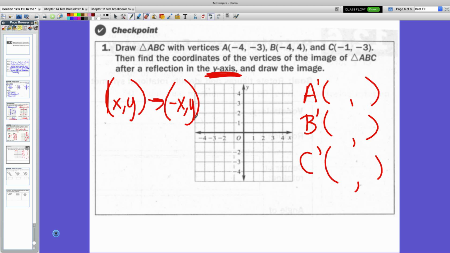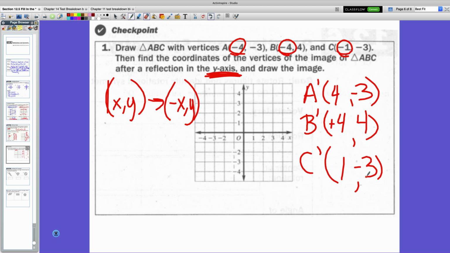So my x value is what I'm multiplying by negative 1. So this is changing, that's changing, that's changing. So A prime would be at (4, negative 3). B prime would be at, I'm sorry, positive 4, 4. And C prime would be at positive 1, negative 3.